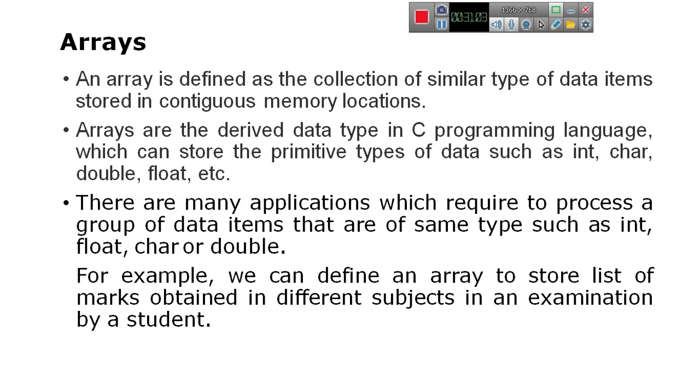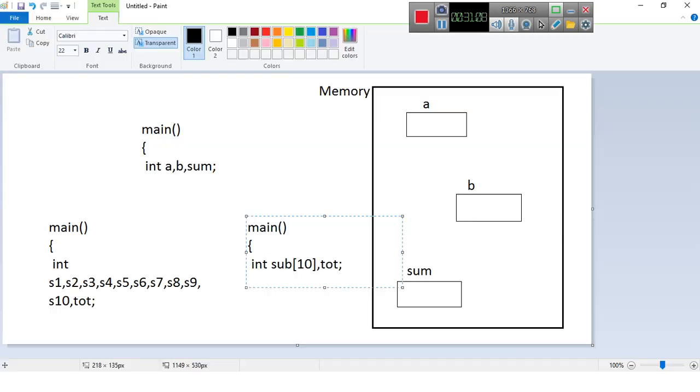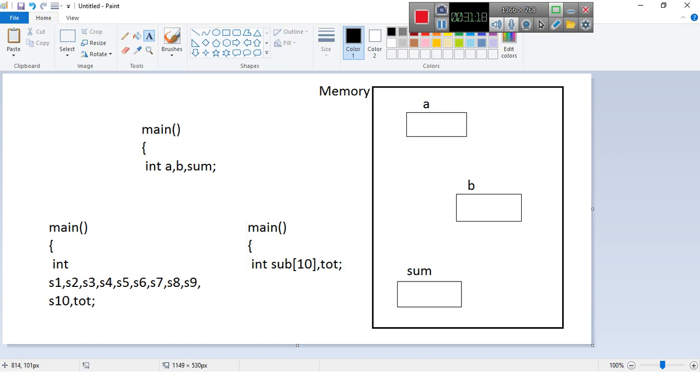In general, if you create a variable integer a, integer b, sum, a is created here, b is created here, and sum is created here, and all are of type int.